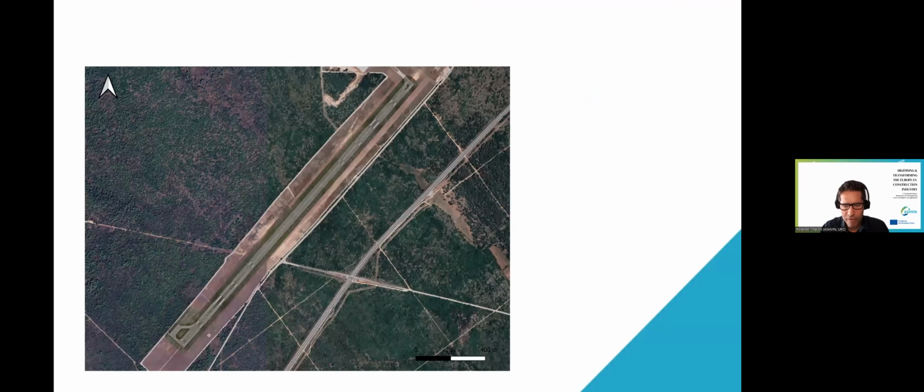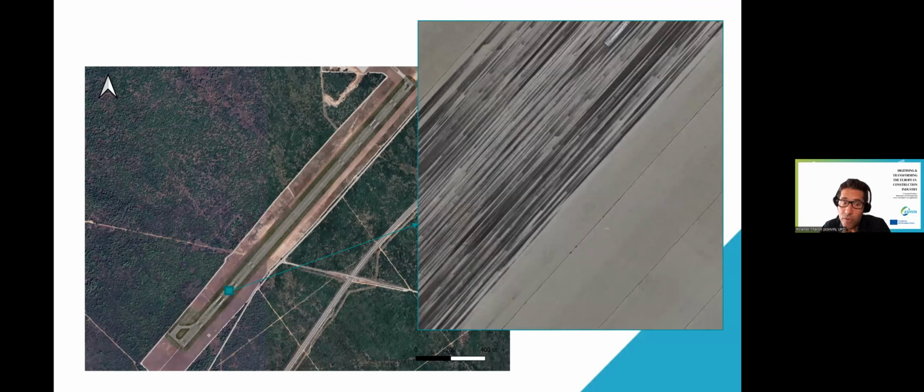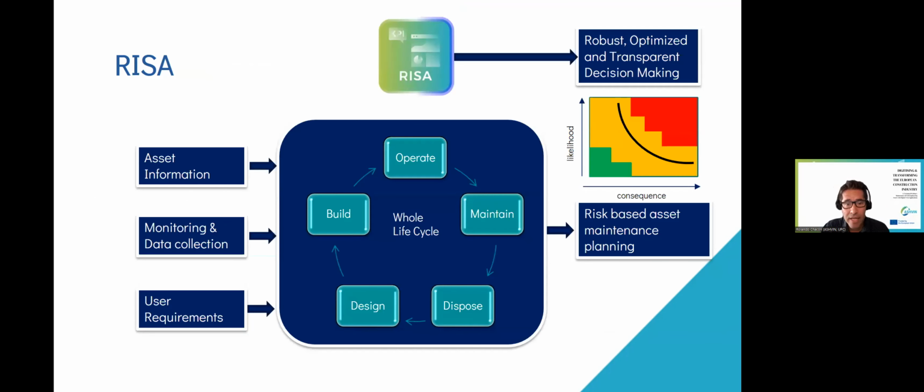Here we have an example of this demo 3 airports, Zadar Airport, that provides information, in this case unstructured via images, and with this information organized along the life cycle: asset information, monitoring, data collection, user requirements on the left part, throughout the whole life cycle, generating ways of assessing what is happening with the asset in a bespoke or tailor-made way of seeing the information.